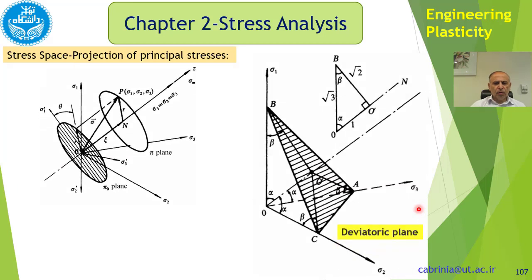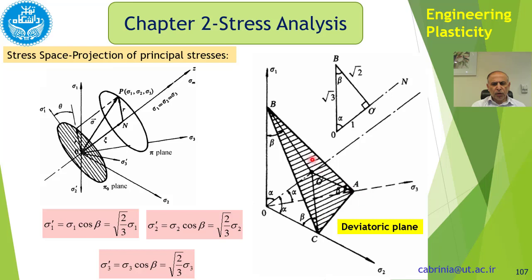And also the deviatoric plane, we could show it with this triangle here, which makes equal angles to the three axes, and also is perpendicular to this direction. This direction obviously makes equal angles to the three axes. Okay, so we could write, because this is a deviatoric plane, the stresses on this plane are sigma 1 prime, sigma 2 prime, and sigma 3 prime.